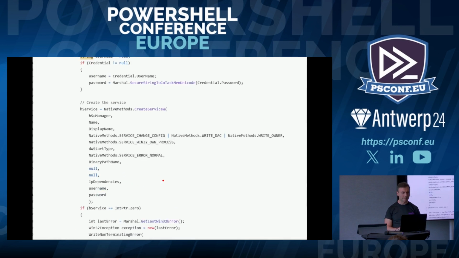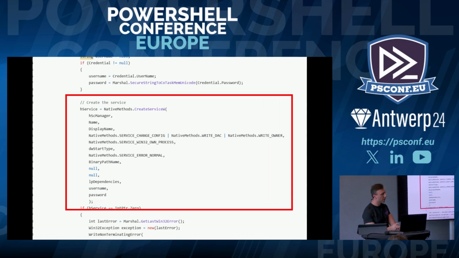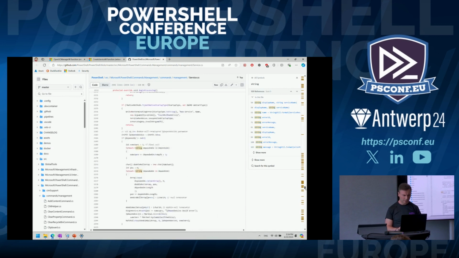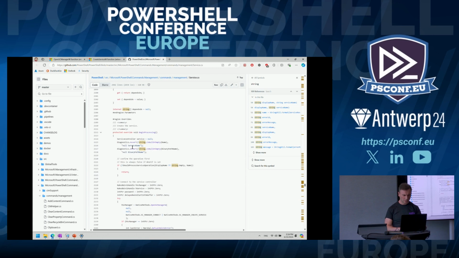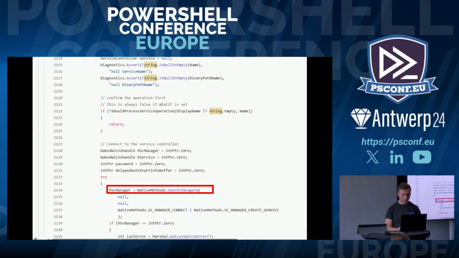Here is the CreateServiceW function executed. And again, it takes information about the machine from HSC manager. If I go back for a moment, you will see the same name, the same variable, HSC manager.